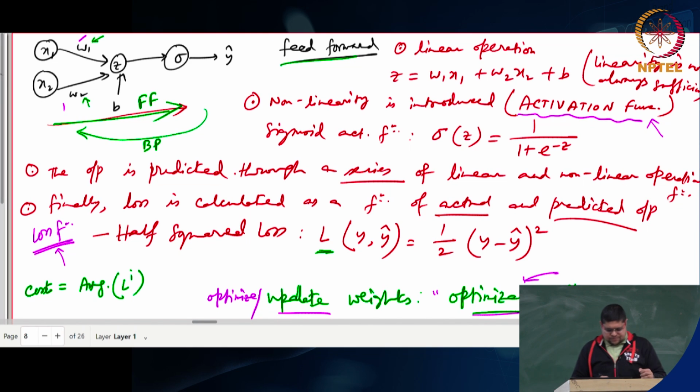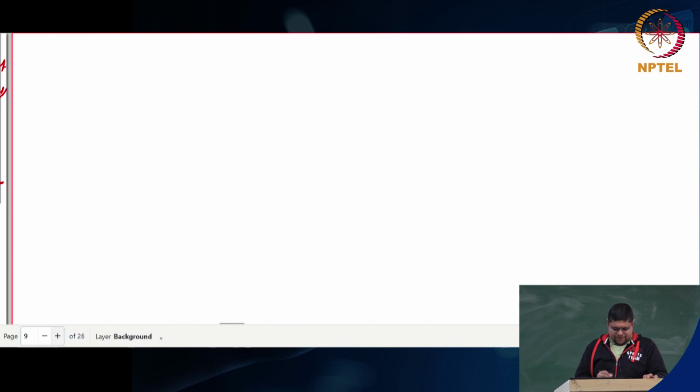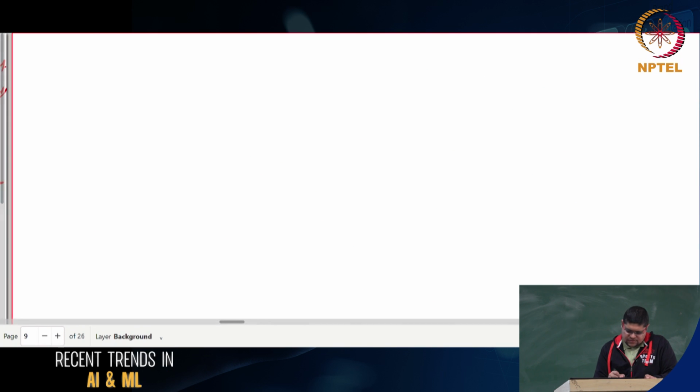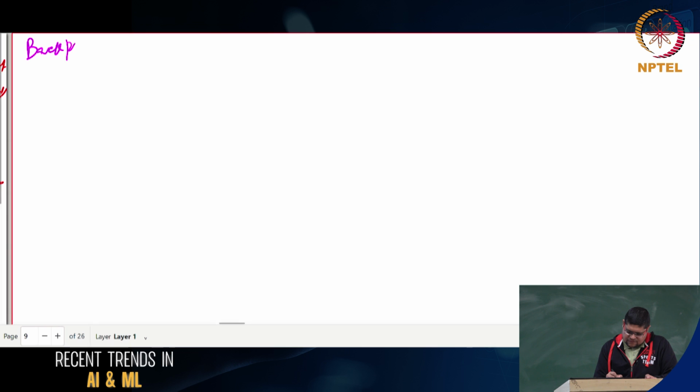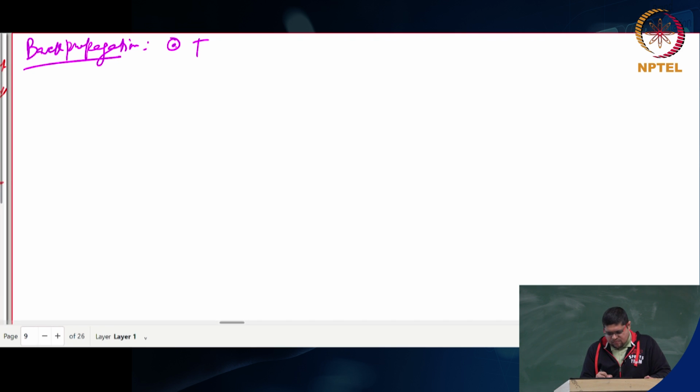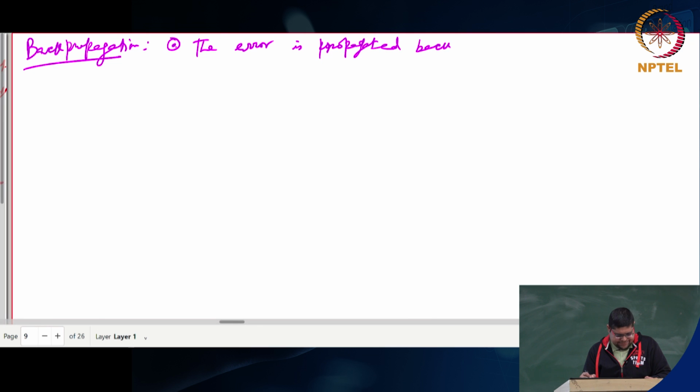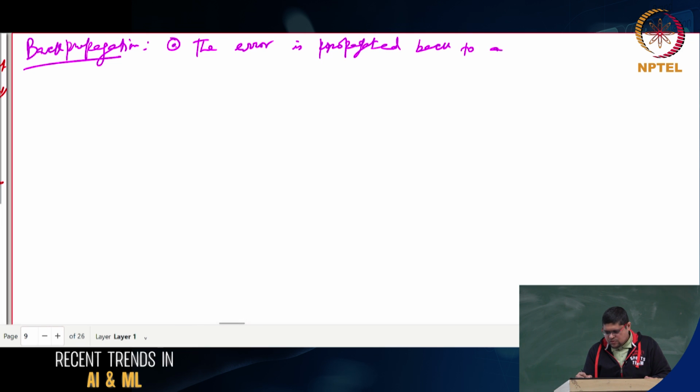Okay, so now the back propagation. Back propagation is very, very simple. That is, the error is propagated back to adjust the W's, or these learning parameters.